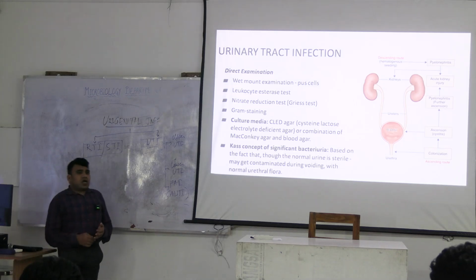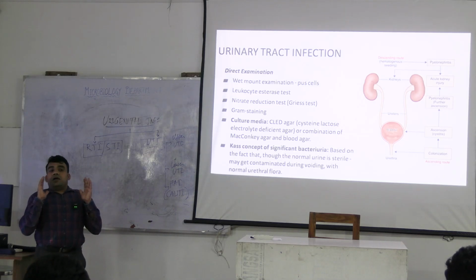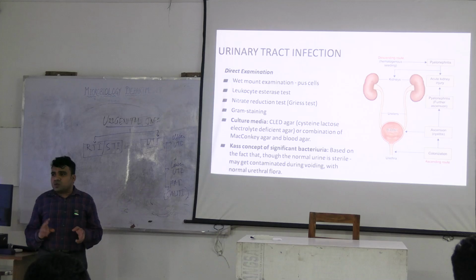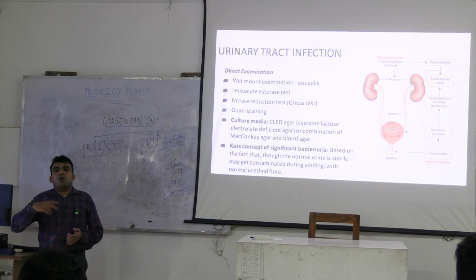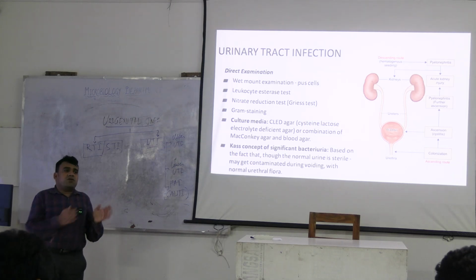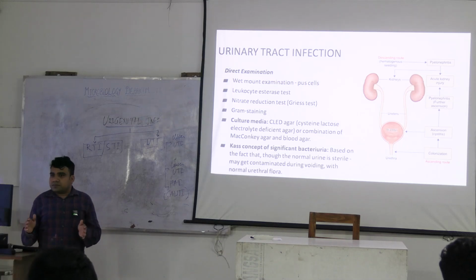Now, in case of a particular set of population, that is ambulatory females in the reproductive age group. Remember these words. Ambulatory means a person who can move around by themselves. Reproductive age group means about 15 to 45 years of age in females.